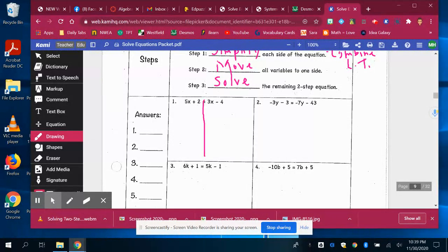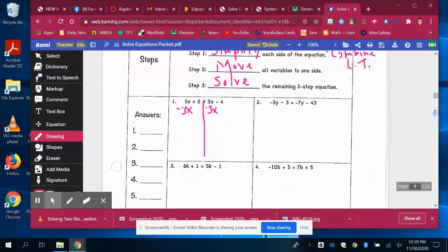So I'm going to move this 3x. And what we mean by move the variables is get rid of them from one side. So to make 3x 0, I have to subtract 3x. And remember, whatever you do to one side, you're going to do to the other. So I'm going to subtract 3x over here also.